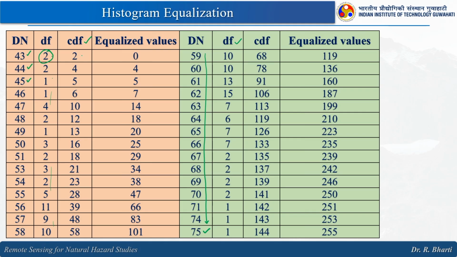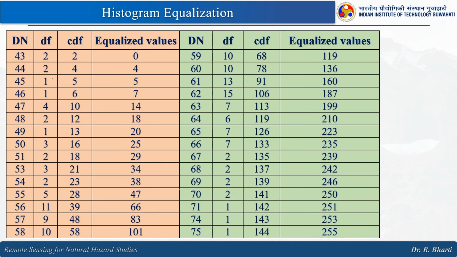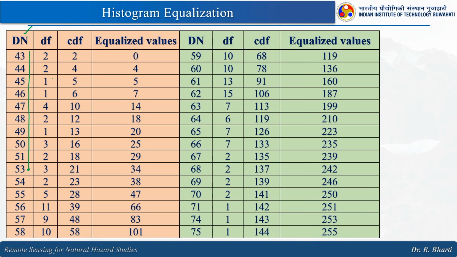the first minimum value will have the CDF, which is 2, which will be equal to your DF, right. Using this image matrix, we will prepare a table, and this table will have DN values. The first column will have the unique DN values from this particular matrix, listed over here.